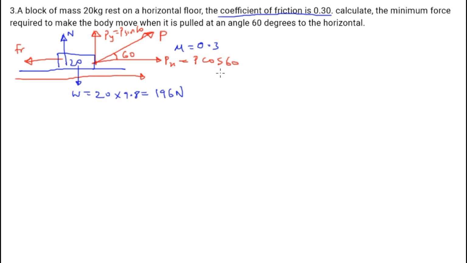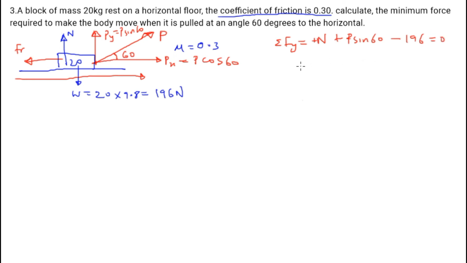So the summation of the forces on the y-axis, N, that's plus N, then plus P sine 60 degrees, then minus 196 is equal to 0, with reasons that I already told you.